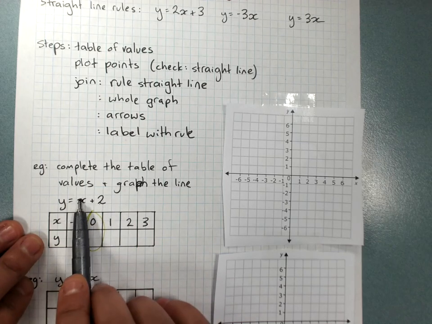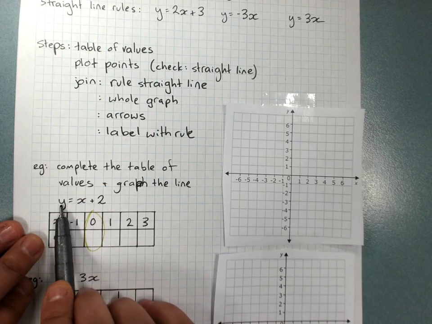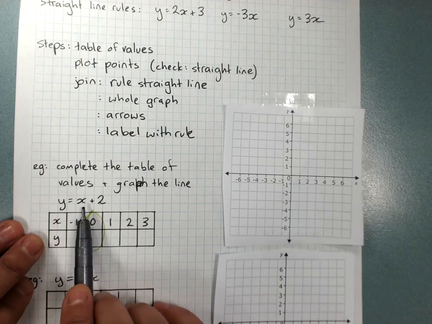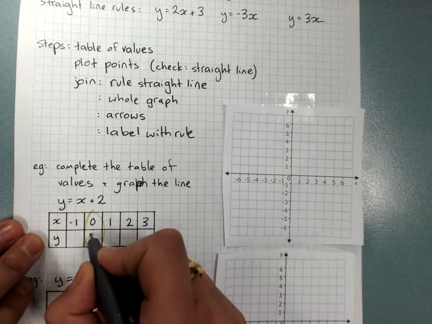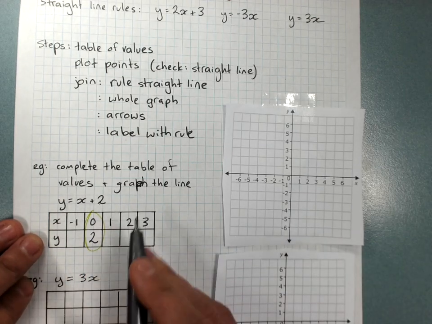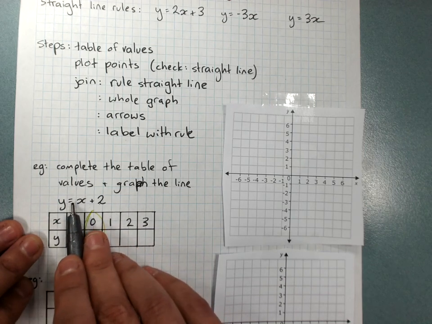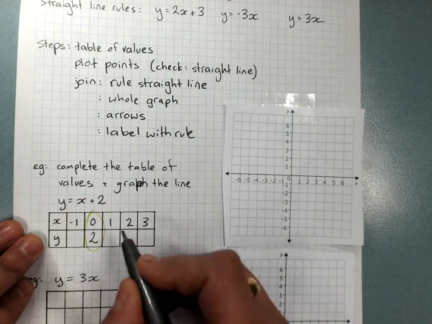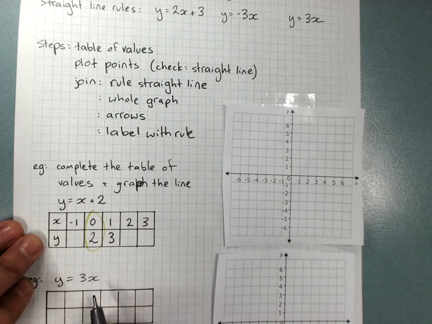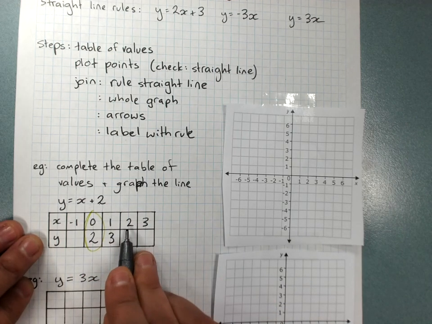What if x was 0? y would be 0 plus 2. We're substituting it in. 0 plus 2 is 2. What if x was 1? y would be 1 plus 2. It would be 3.